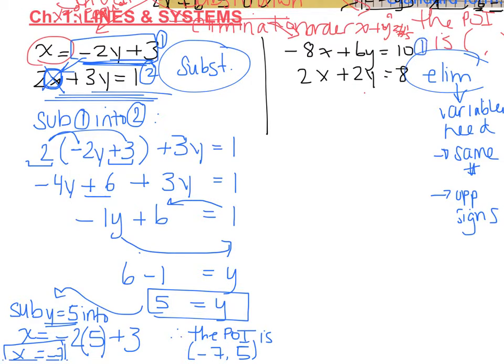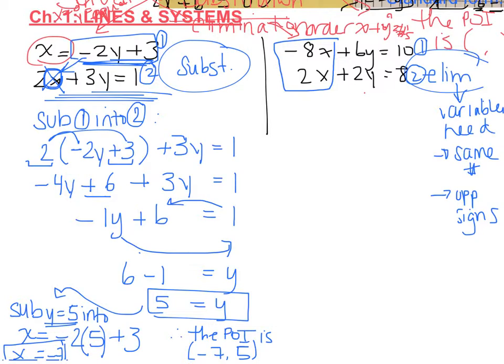So equation 1 and equation 2, I'm going to choose to eliminate the x's because I see that they already are opposite signs. This is already a negative and this is already a positive. So it's going to be a little less work for me to eliminate the x's than the y's. Always look at both options though to make sure that you can find the easiest route to getting to the answer.